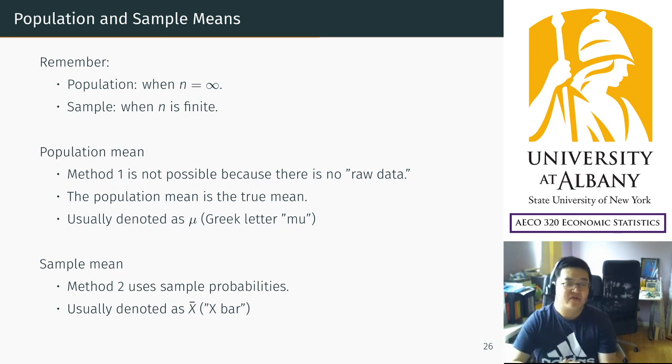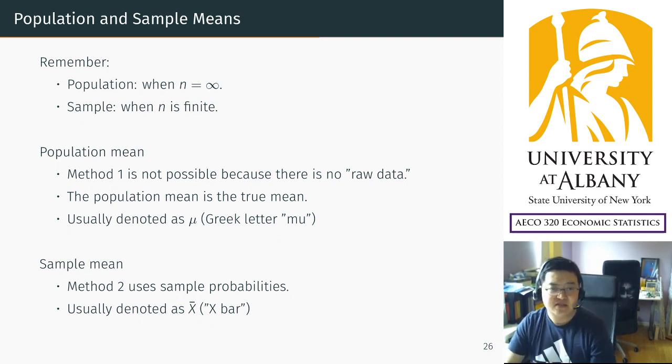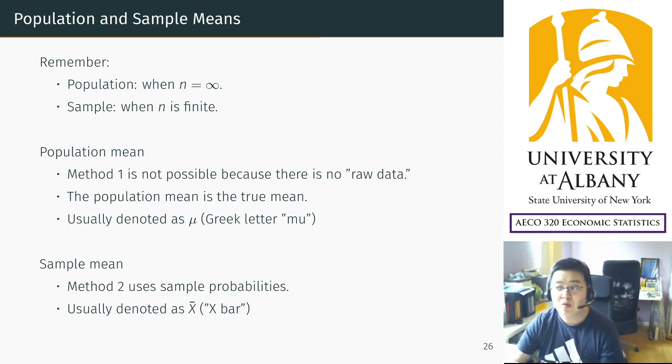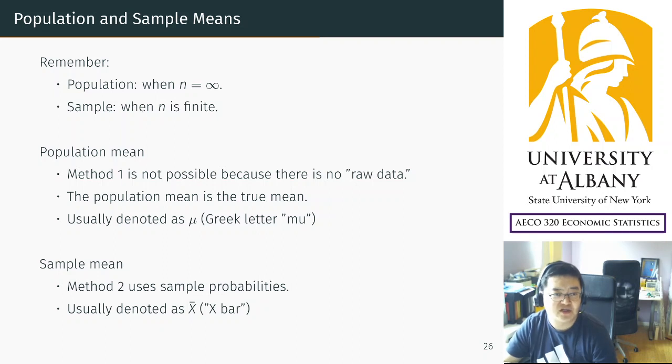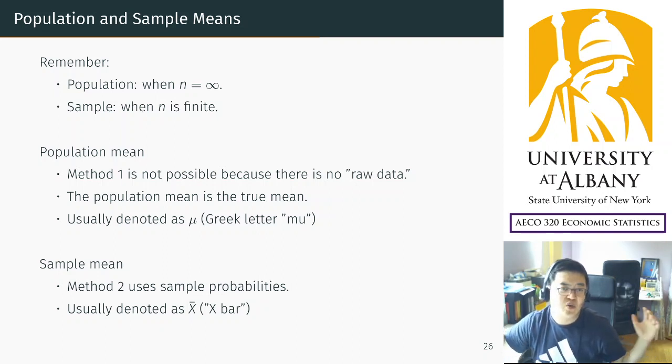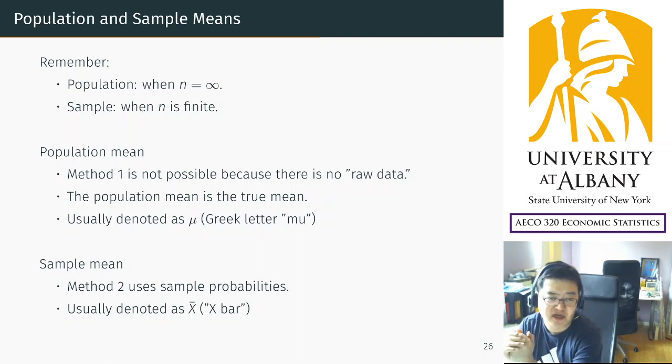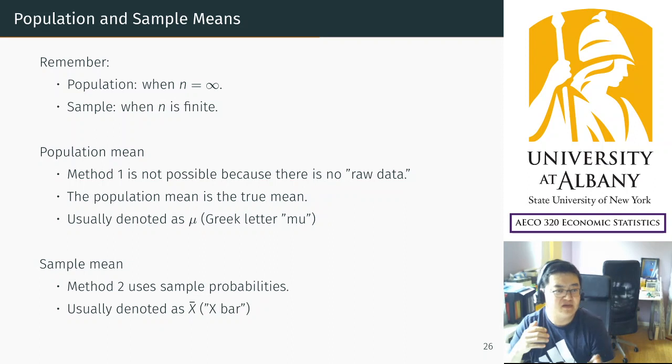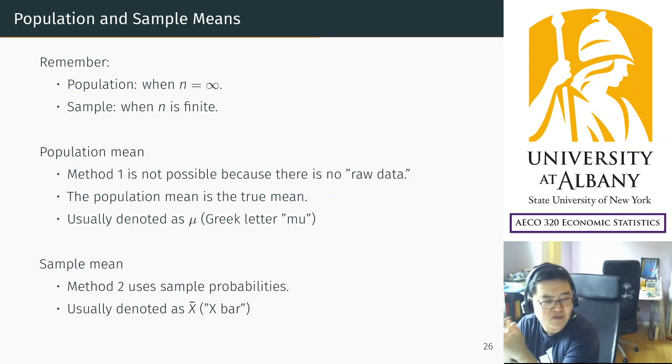You should follow these steps. And finally, one remark. In the first chapter, I defined population and sample in this way. Population can be thought of as the case in which you repeat the experiment an infinite number of times. But the sample is for a finite number of experiments.